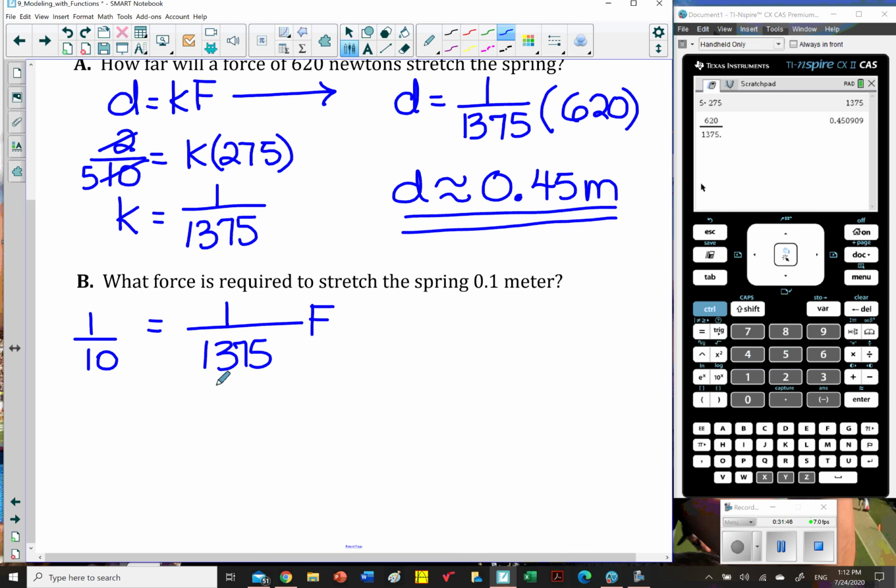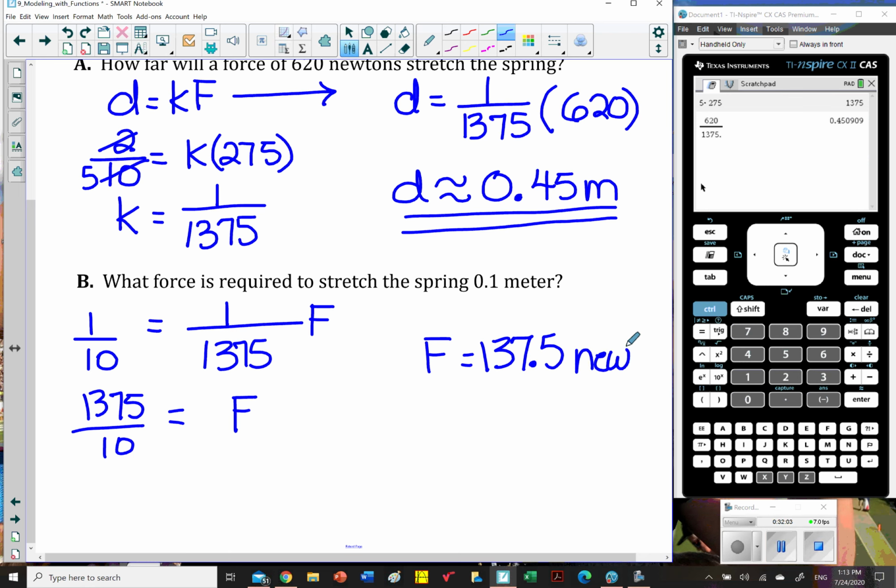So we can do that in our head. The force is 1375 divided by 10. So that force would be 137.5 newtons. We need a force of 137.5 newtons to stretch the spring 1/10 of a meter.